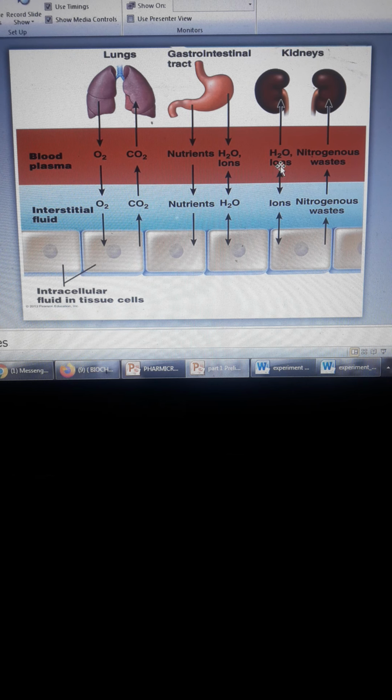So there is an exchange of ions through different transport mechanisms. We also have nitrogenous wastes being expelled out of the cells, crossing the interstitial fluid and then carried by the blood plasma to the kidney to be excreted out of the body. So this is the mechanism in which water plays an important role to be supplied in the intracellular environment.